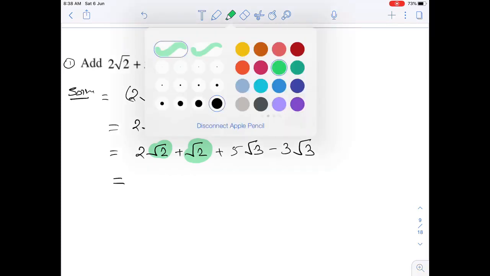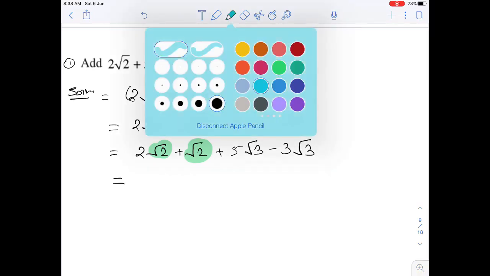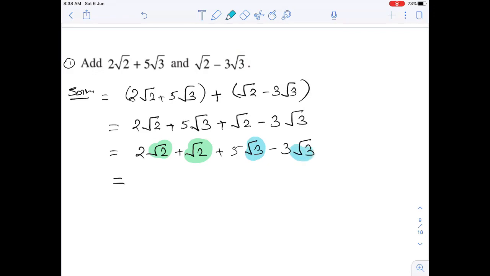Both these numbers are having same root, so we can add these numbers. Now this number here is 2, and before this number no number is given, which means 1 will be there, so we can add those numbers. 2 plus 1 will be 3 root 2, then this plus sign as it is over here, so I am writing plus.